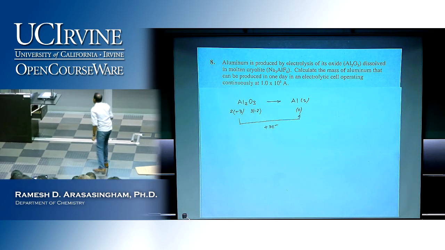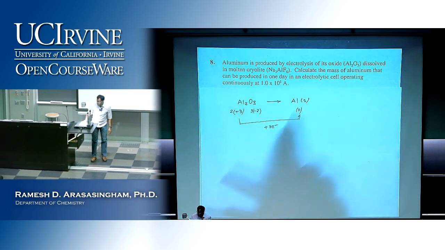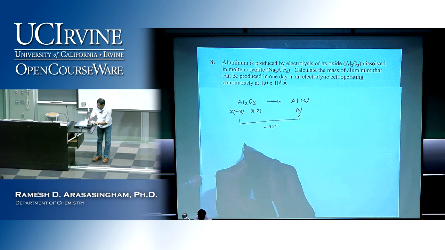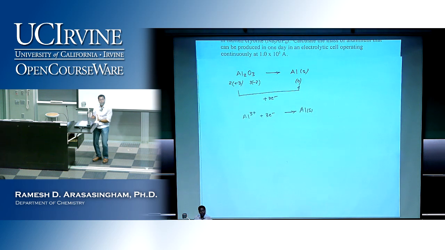That means for every mole of aluminum that's deposited, it needs 3 moles of electrons. Essentially, Al 3+ is picking up 3 electrons to give me aluminum solid. Okay? So now we can just do this problem in one single step.